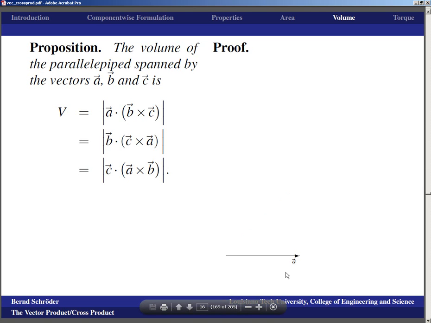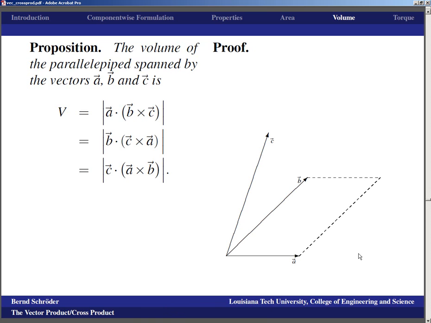Here's the vector A, here's the vector B, here's the vector C. Now the volume of a parallelepiped is going to be base times height. I'm first going to figure out the area of the base, which is spanned by A and B. Of course we know that the area of that base, because that's a parallelogram spanned by A and B, is the magnitude of A cross B, right?